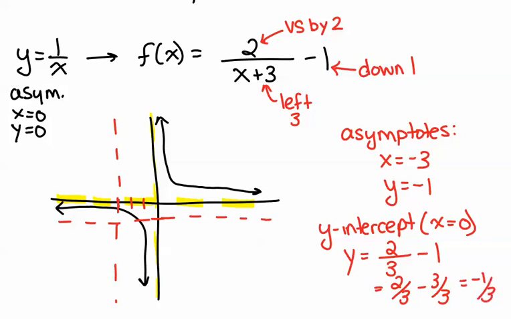So our y-intercept is going to be down here somewhere, which doesn't help too much. We could try to figure out our x-intercept too if we want by subbing y equals 0 and rearranging the equation. But I'm just going to go ahead and graph it. It's going to look something like this, and the other part is going to be down here. As long as they don't cross these asymptotes and you have this kind of shape, you're good.